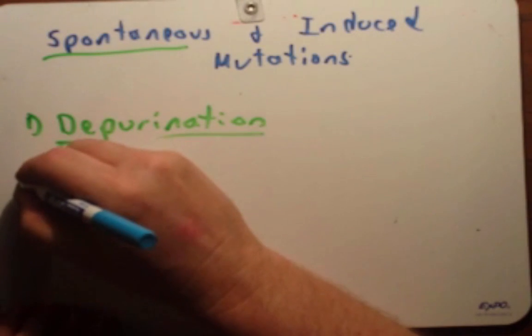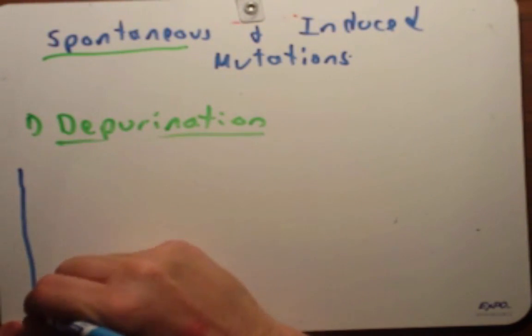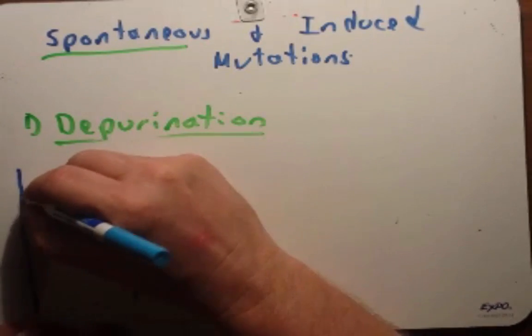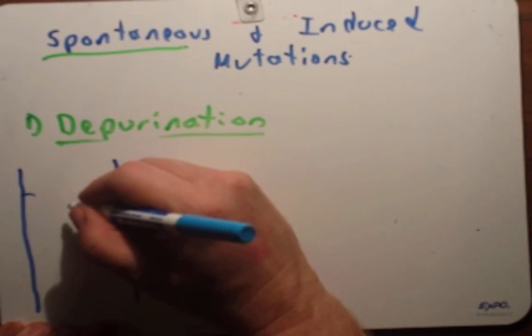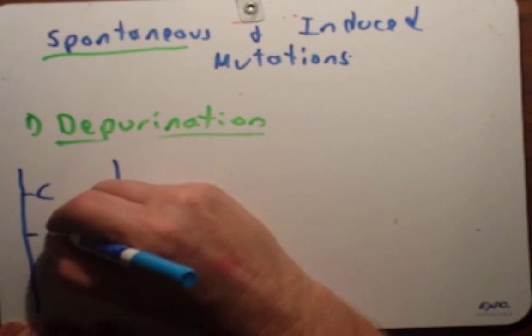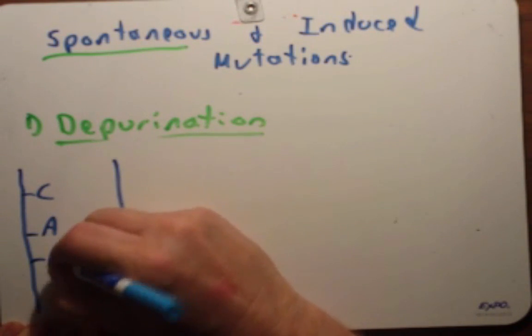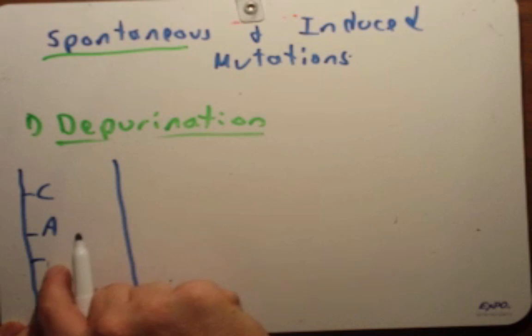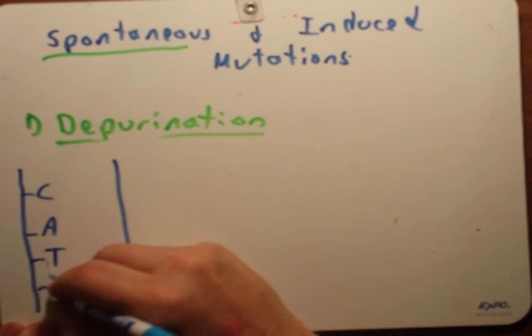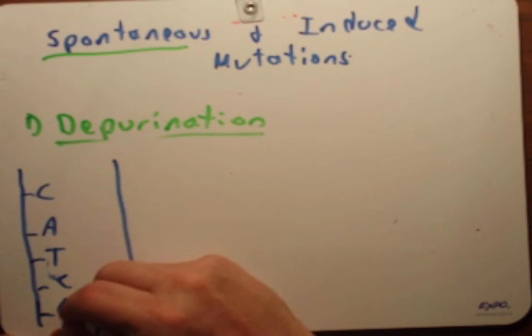Alright, so let's draw out what depurination might look like at the DNA level. On one strand we're going to put C-A-T, C-G.